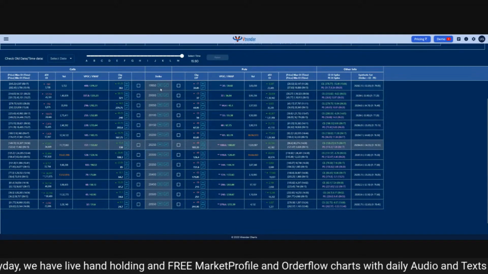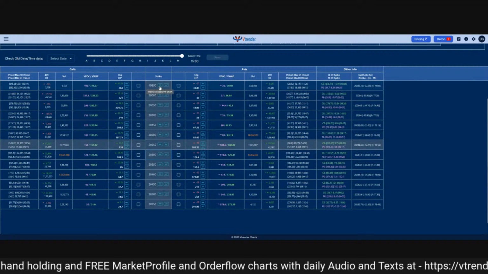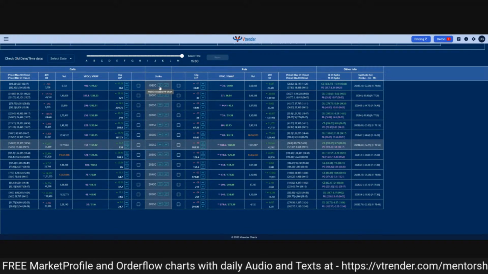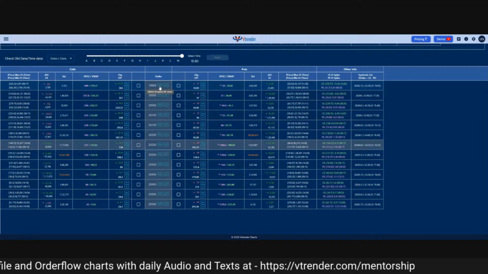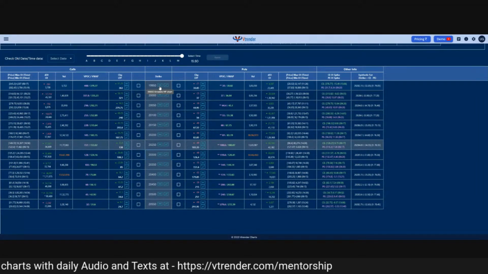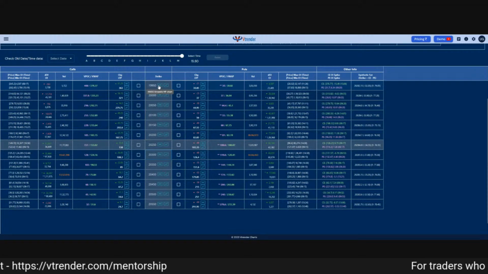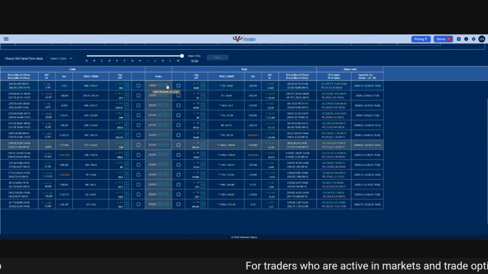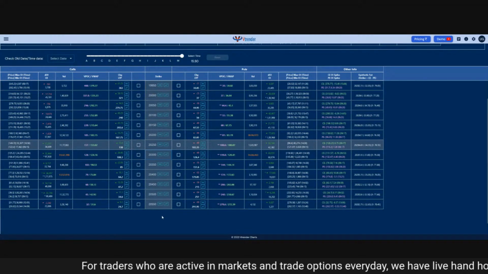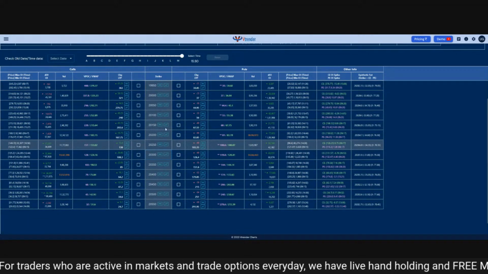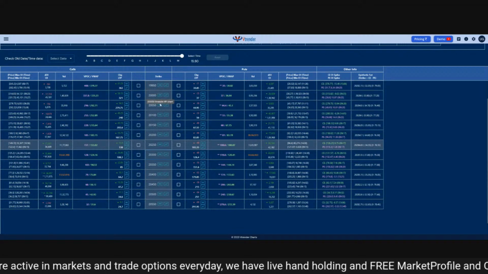You have these symbols next to the premium. The first symbol has the letters ABC, which is for the TPOs, which form the market profile chart. So this will open up the market profile chart of any option, and the next symbol is a line, which will open up the line chart. For any straddle chart you want to open for any strike price, you only have to click on one of these.